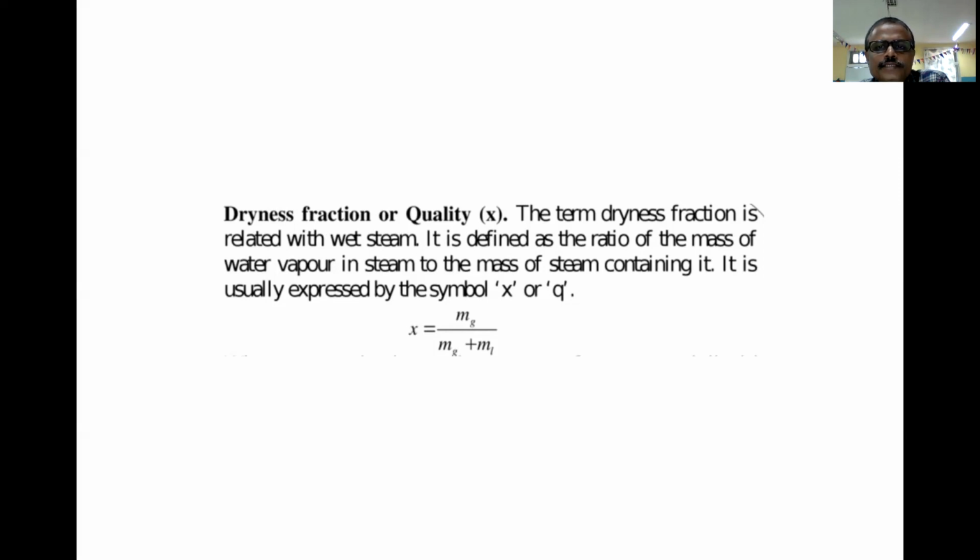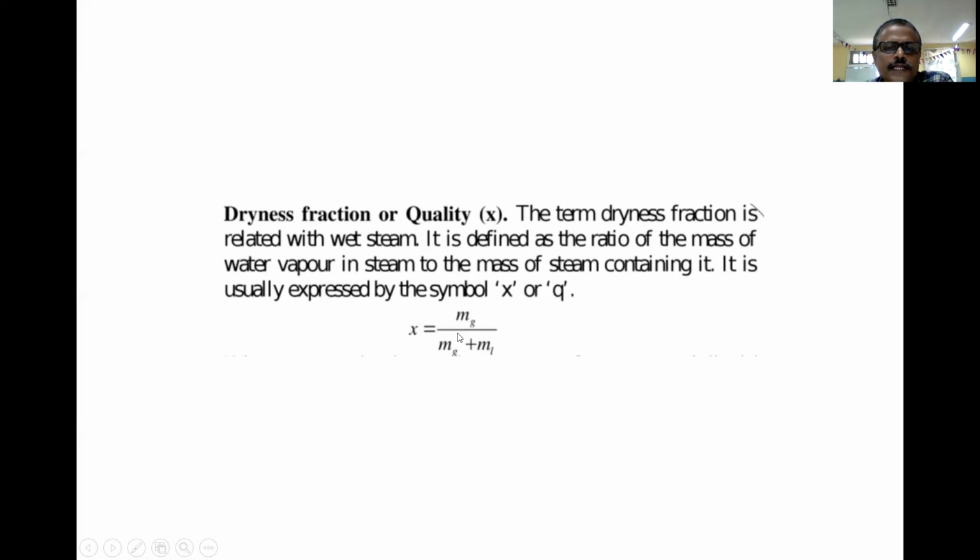We have mathematically defined dryness fraction as X is equal to mass of dry steam, mg, divided by total mass of the steam. Total mass of the steam is mass of dry steam, that is mg, plus mass of fluid.